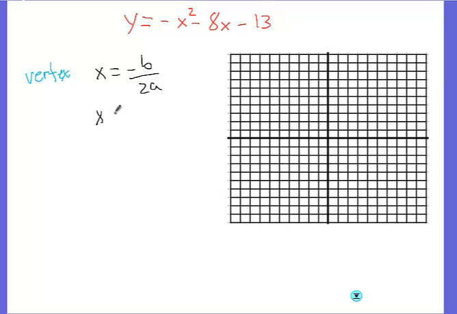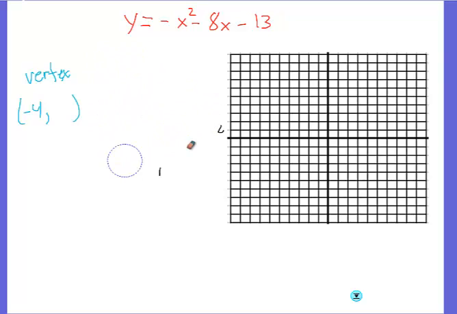Okay, so for this case, x equals negative 8 over 2 times negative 1, which becomes negative 8 over negative 2. Negative 8 divided by negative 2 is positive 4, but it's going to turn out to be negative 4, okay, as the x value of our vertex. So your vertex is going to be negative 4, comma, well, something else.